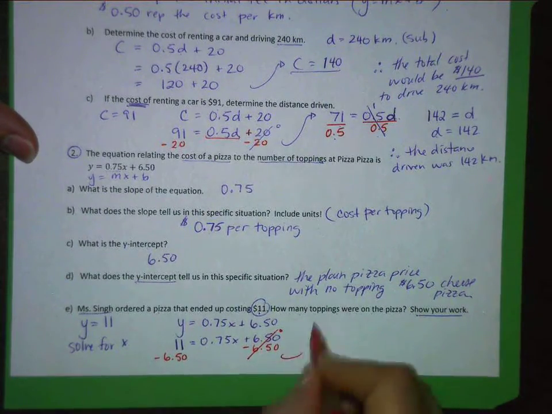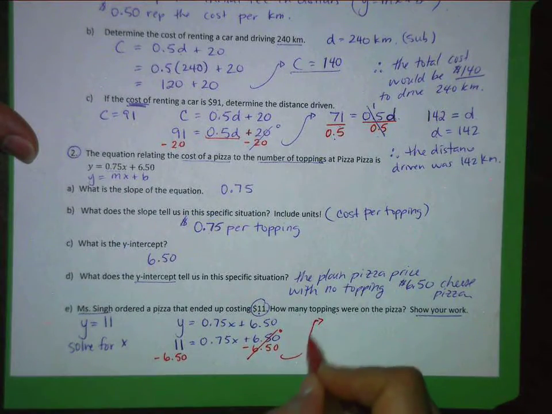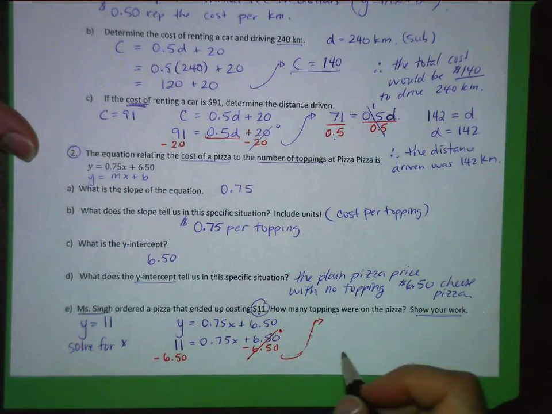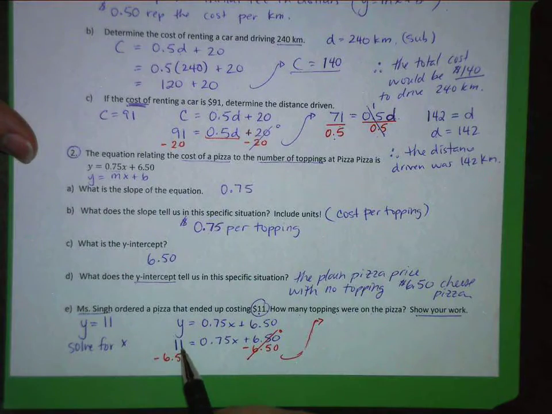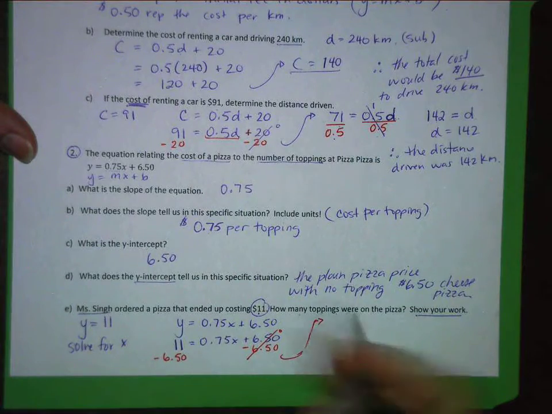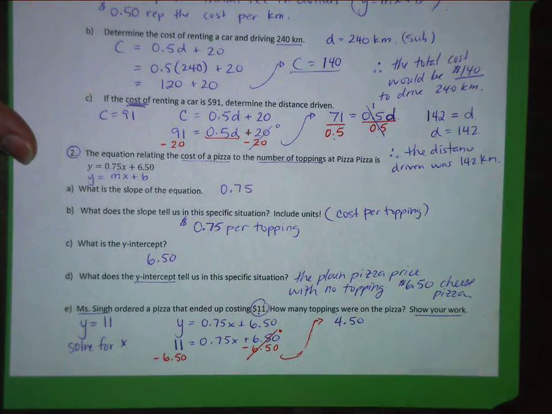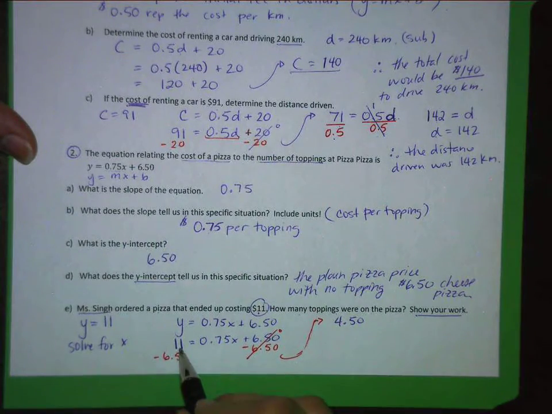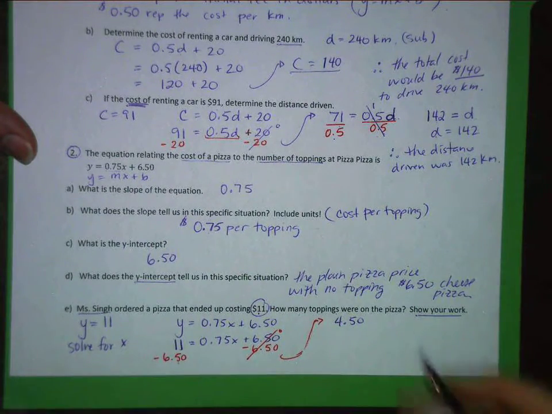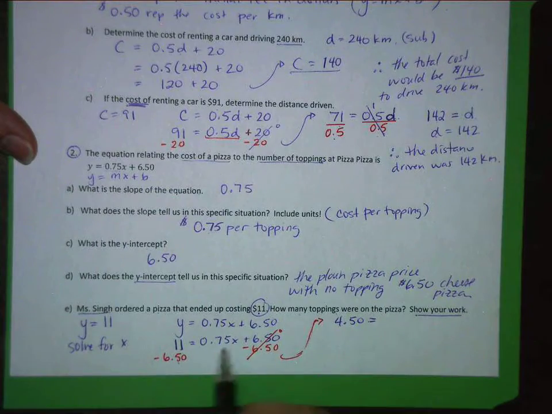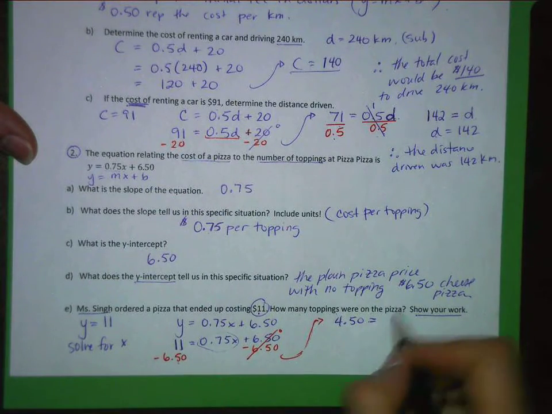Need a little bit more room, so I'm going to go up here. So $11, or 11, minus 6.50 is going to be 4.50, because 6 from 11 is 5, but I have to subtract another 50 cents. And here I'm just left with this term because I didn't do anything with it. I'm going to do something with it now.